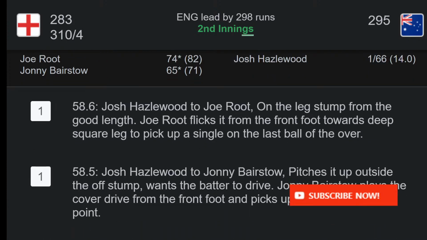Last 2 balls, 2 singles. Hazlewood to Jonny Bairstow, pitches it up outside the off stump, wanting the batter to drive. Jonny Bairstow plays the cover drive from the front foot and picks up a single at deep point. So 2 singles in the last 2 balls of the over.